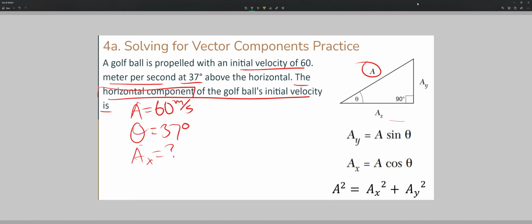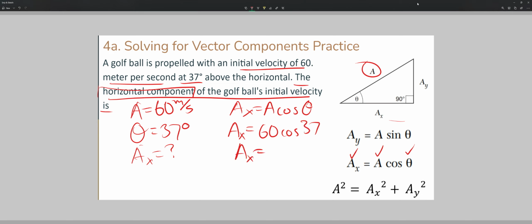So which one of these two formulas should I use? Should I use the sine one or the cosine one? I should probably use the cosine one because it has everything I need. I'm solving for ax, and I have a and I have the angle. So I'm going to substitute everything in: 60 cosine 37 degrees.